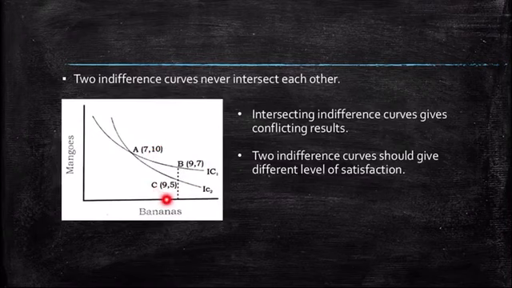According to this diagram, it's clearly showing that combination B is giving more satisfaction than C. So intersecting indifference curves like this make both B and C combinations look the same. Therefore, two indifference curves should never intersect each other.